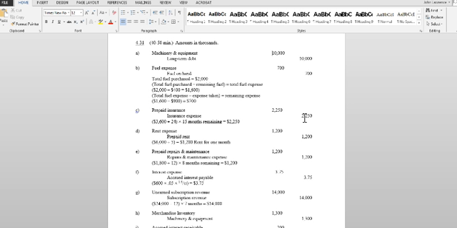Going on to E. Machinery is repaired and maintained by an outside company on an annual fee basis. It's a $1,800 fee for the year beginning September 1st, and it was paid on September 1st and charged to repairs and maintenance expense. So if we think about that $1,800 fee, it really was a prepaid fee, and the company should have debited a prepaid repairs and maintenance account at that time for $1,800, and then expensed 1/12 of that, or $150, every month thereafter.